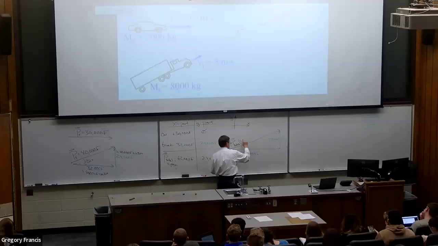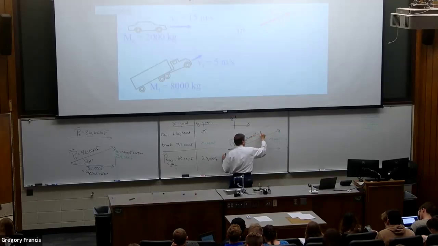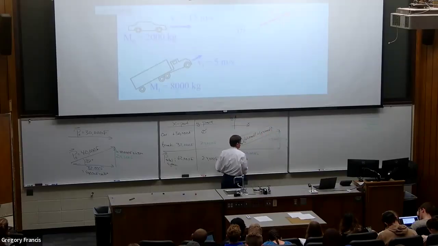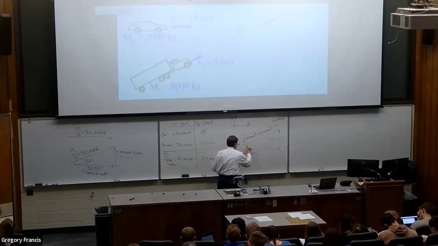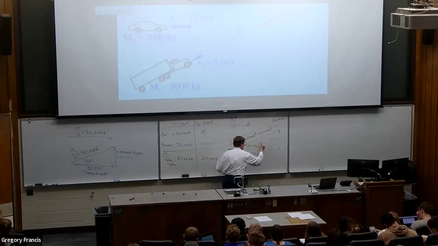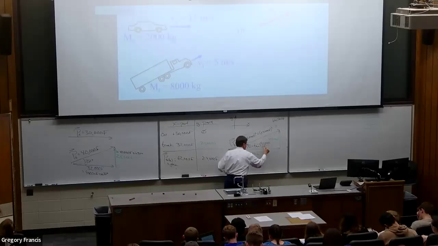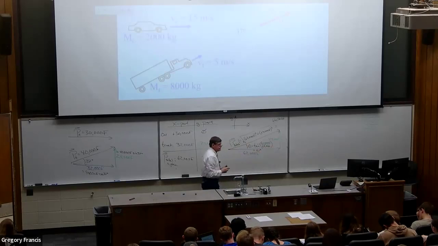And the magnitude of that is going to be, by Pythagorean theorem, 62,000 squared plus 24,000 squared, square root. And that equals 66,500 franci. And this angle here is given by the inverse tangent of the opposite side over the adjacent side. And that gives me 21 degrees.